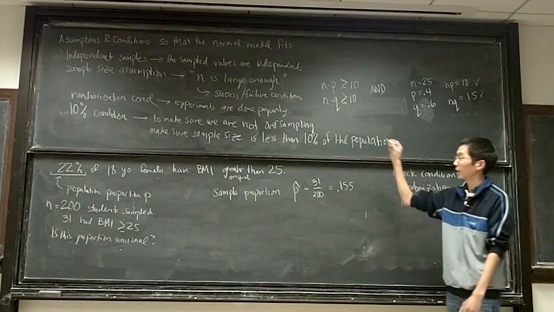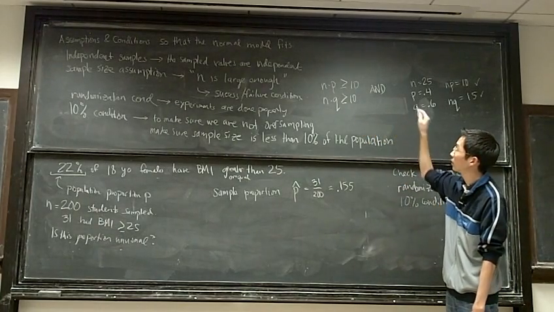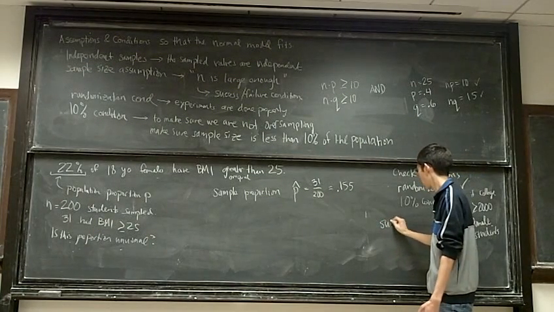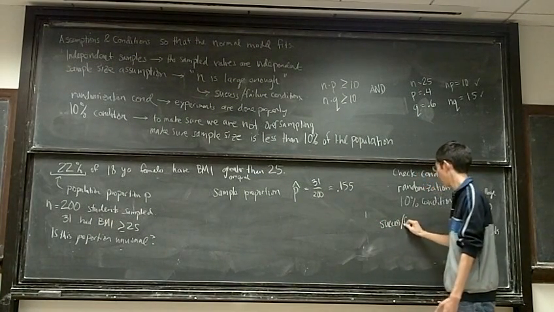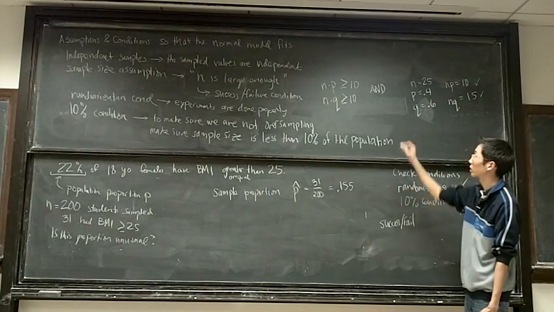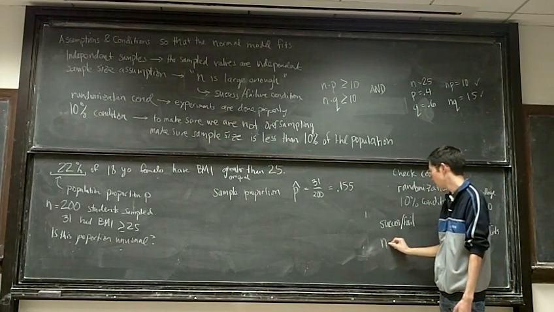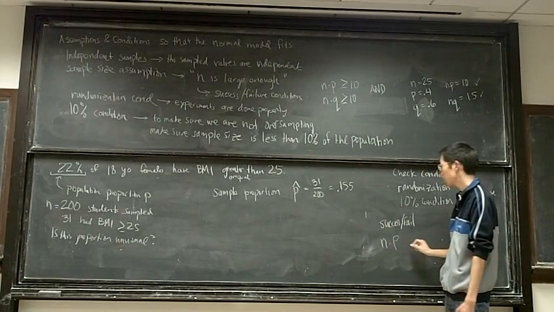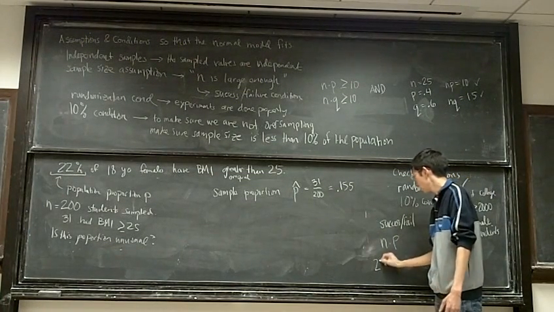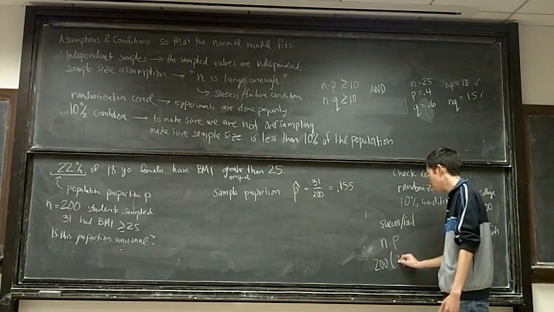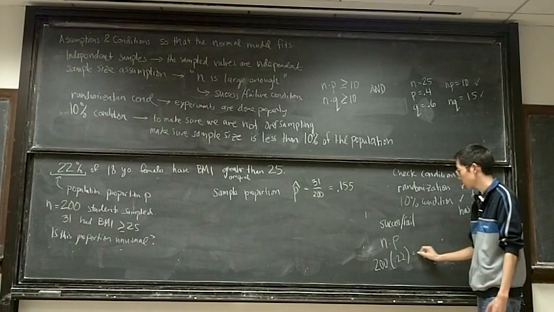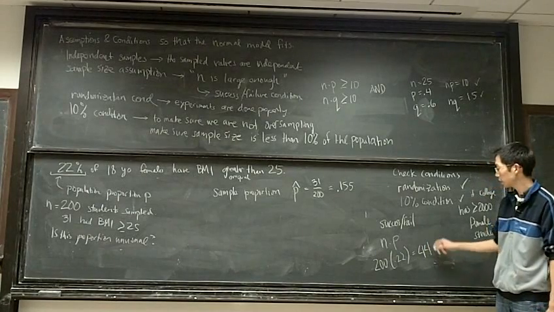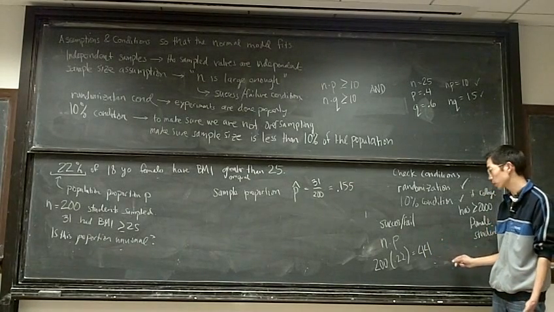And then the success/failure condition, or sample size assumption. So n, in this case, is 200 and p is 0.22. So 200 times 0.22 gives us 44. And then n times q is also going to be greater than or equal to 10.